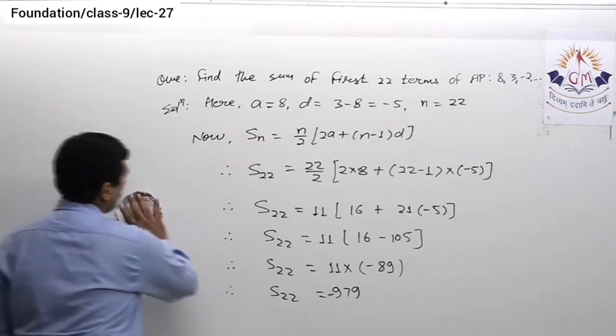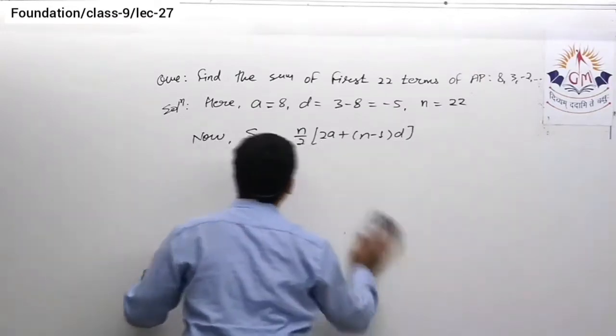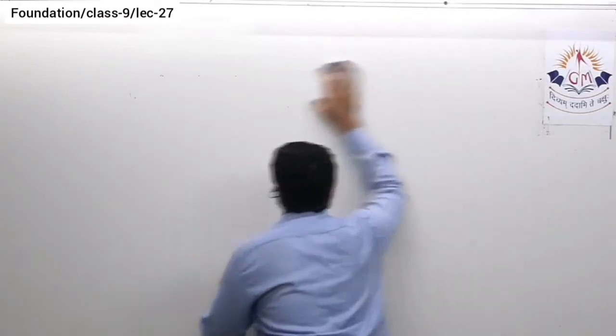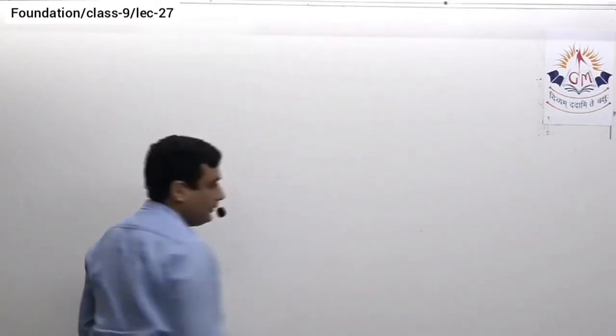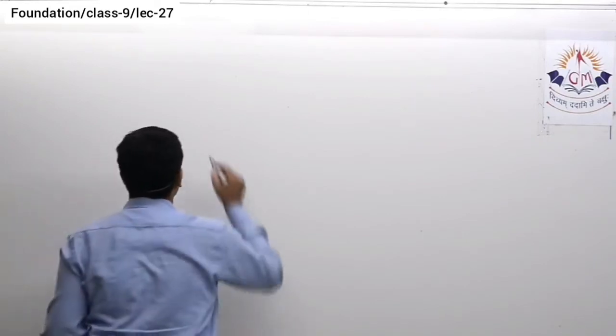Okay, now next question is: find the sum of first 1000 positive integers.